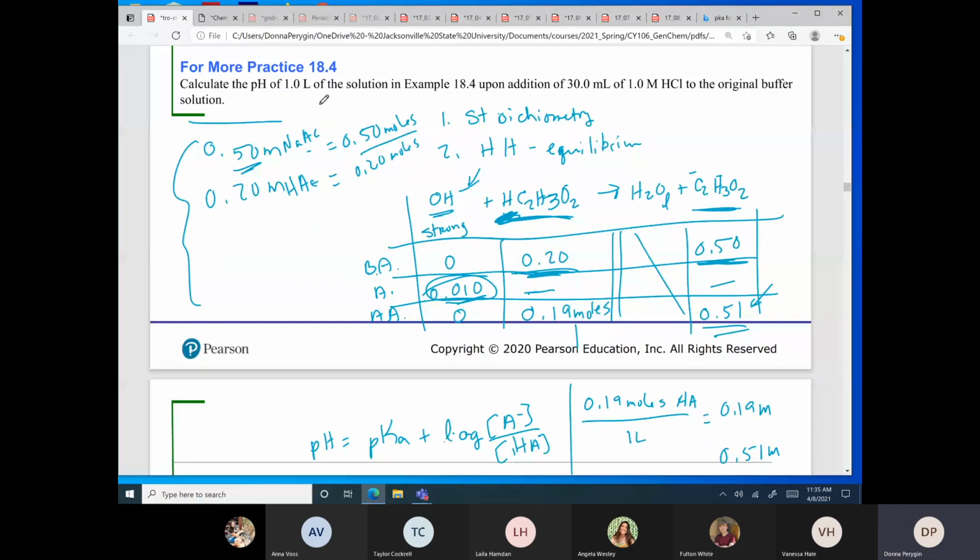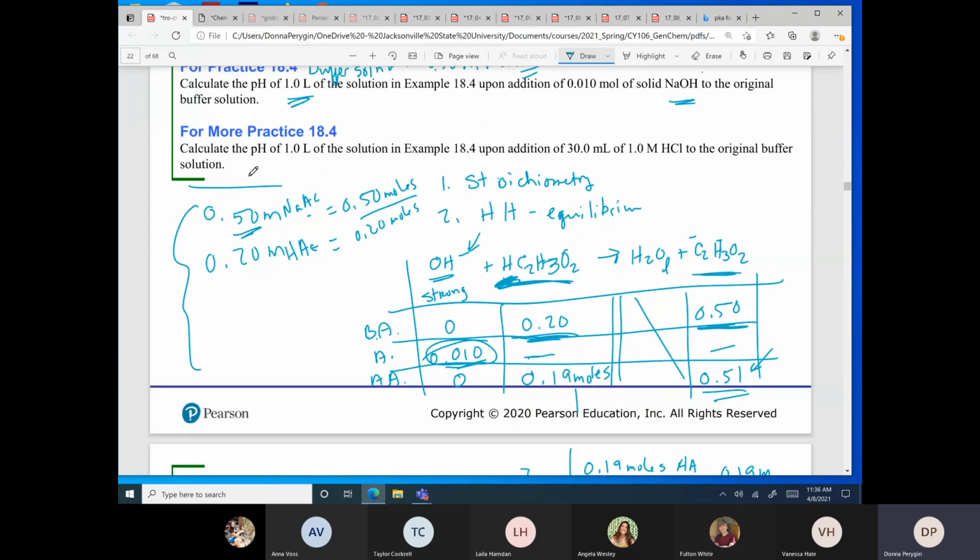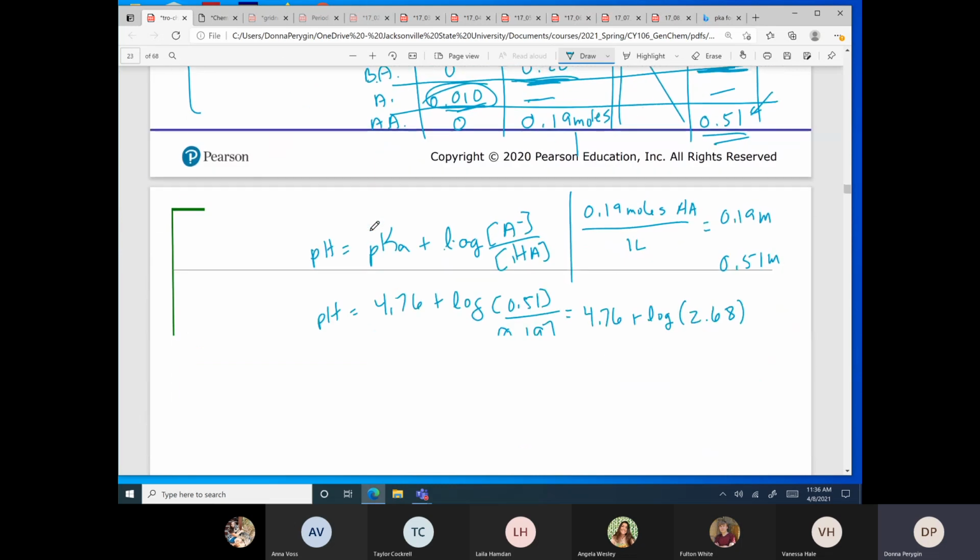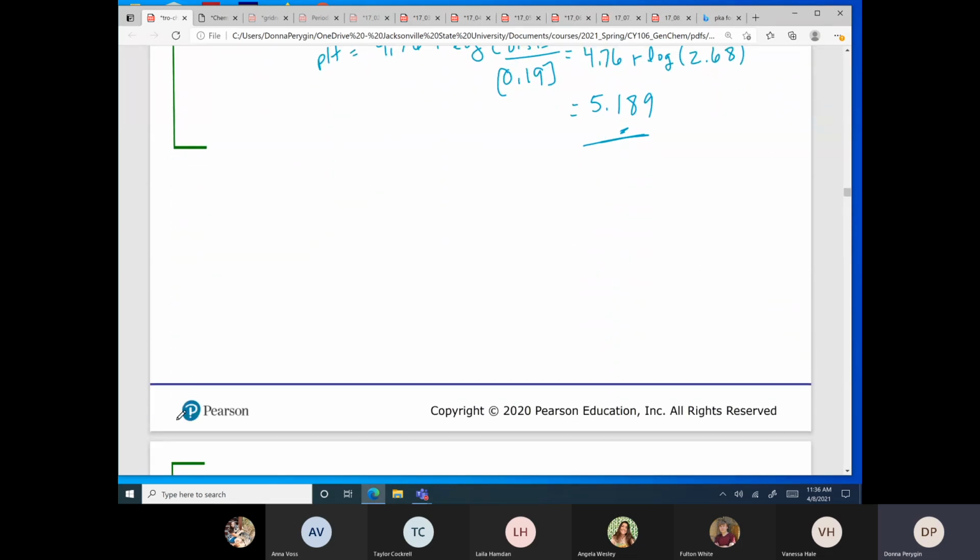So the next one, let me see if they're doing acetate or if they're doing ammonia. They're doing acetate. Okay, so we're going to work it like we're adding. For more practice, 18.4: calculate the pH of 1 liter of the solution in 18.4 upon the addition of 30 milliliters of 1 molar HCl to the original buffer. Okay, so first we work kind of an equilibrium problem here. 30 milliliters of 1 molar HCl is like this.